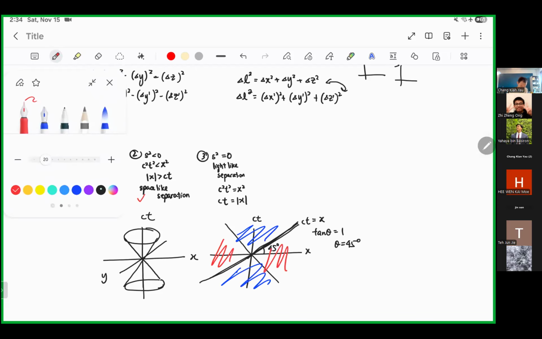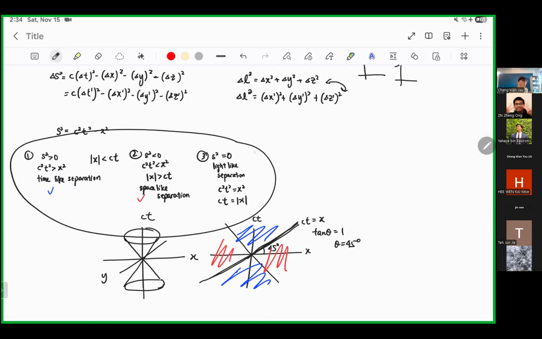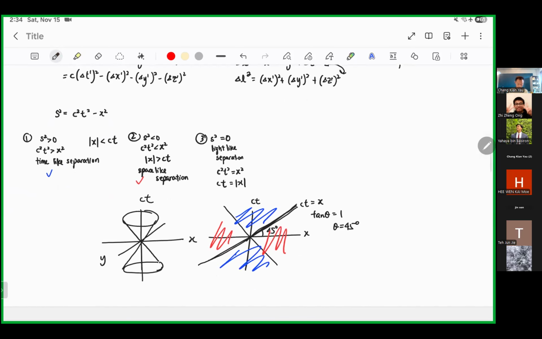So going back to these 3 cases here, we can see that this region here is basically just time-like separation, so information can travel within the light cone itself. Any events in this red portion that is not within the light cone cannot technically interact with each other.